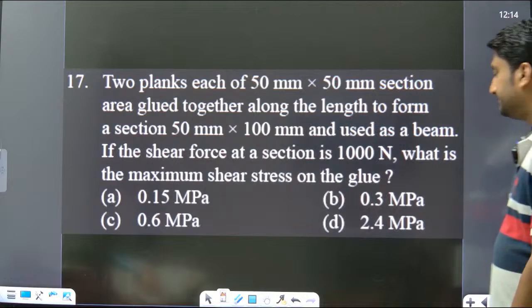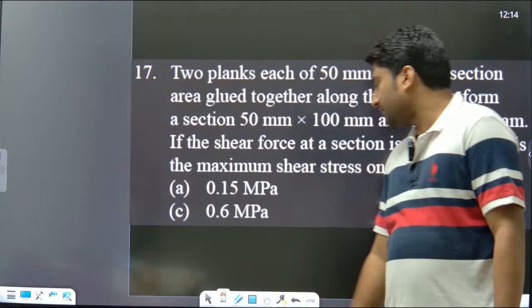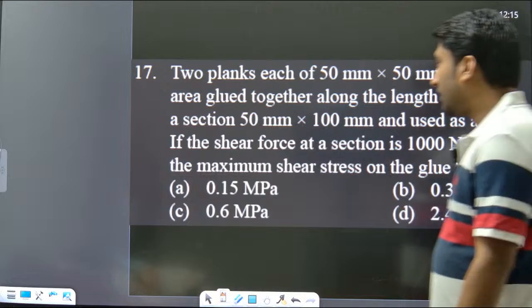Moving ahead, solve this question. What is the correct answer?